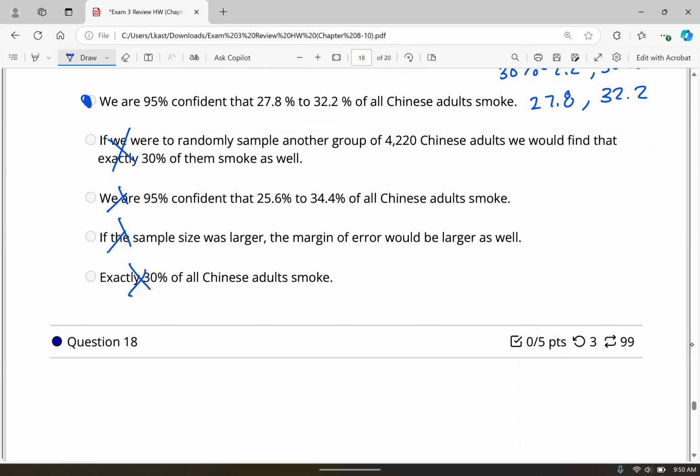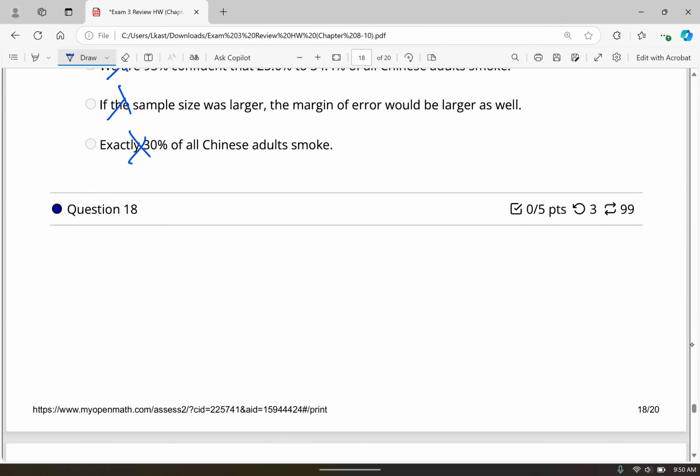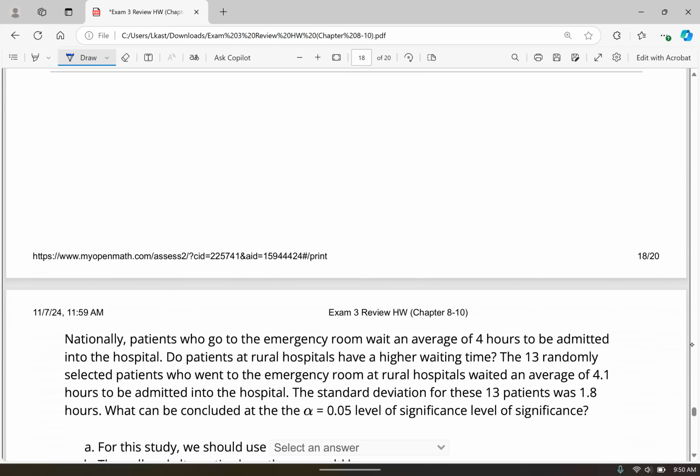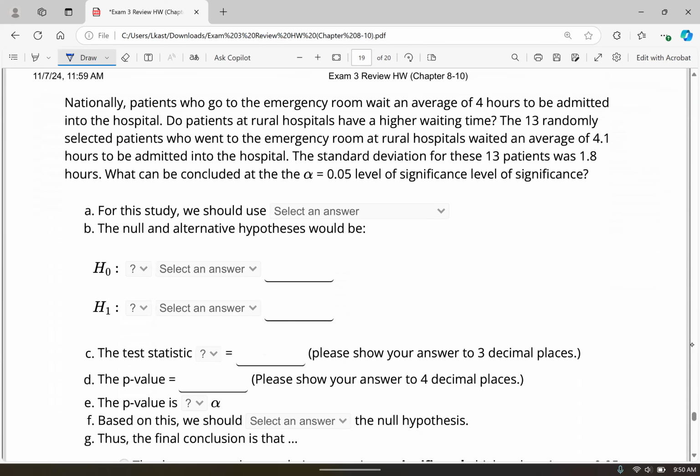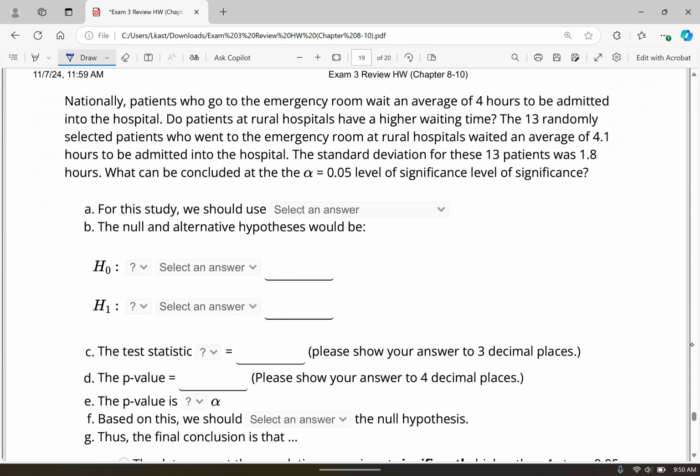Okay, question 18. We got to do a test. And this is our last test on the test. Nationally, patients who go to the emergency room wait an average of 4 hours to be admitted into the hospital. Do patients at rural hospitals have a higher waiting time?